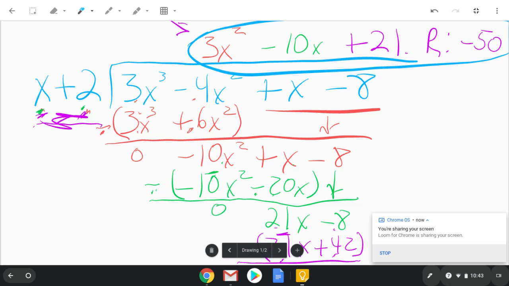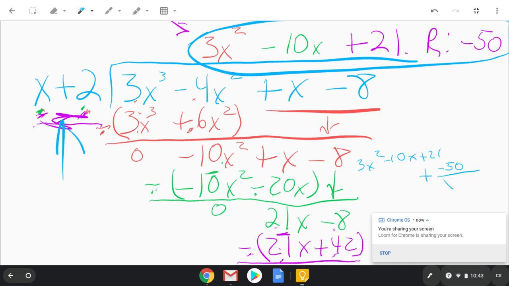Now, the second way of writing your answer is almost the same. All right, you've still got the 3x squared minus 10x plus 21 part, but instead of putting remainder negative 50, you would write plus negative 50 over whatever your divisor was, the x plus 2.